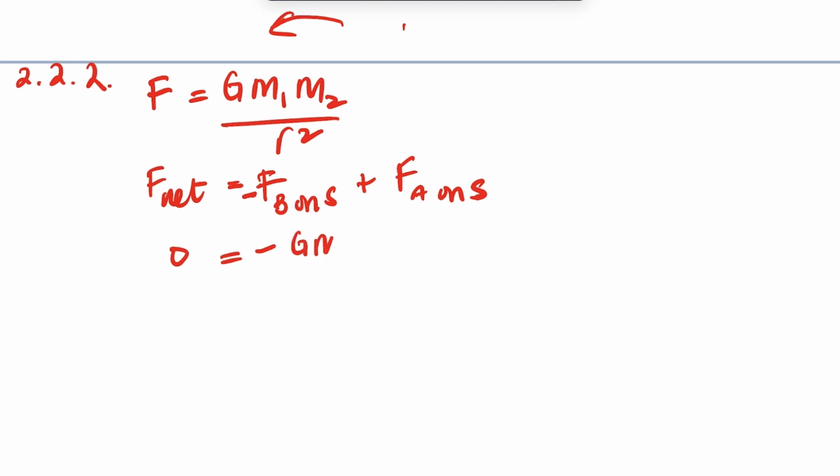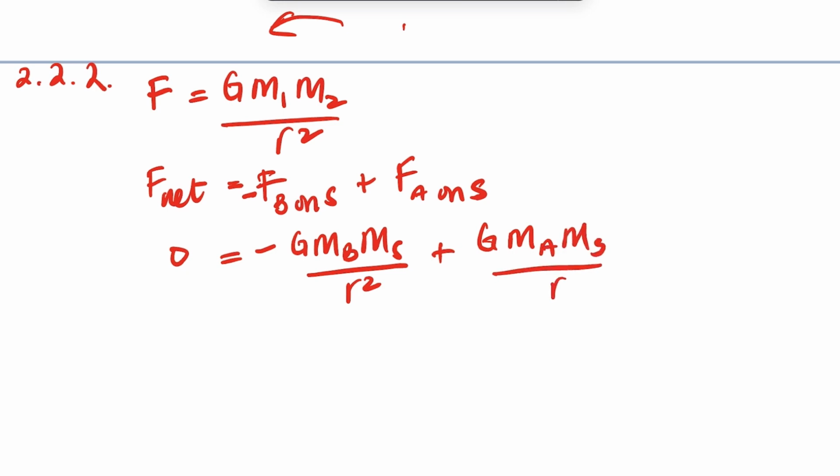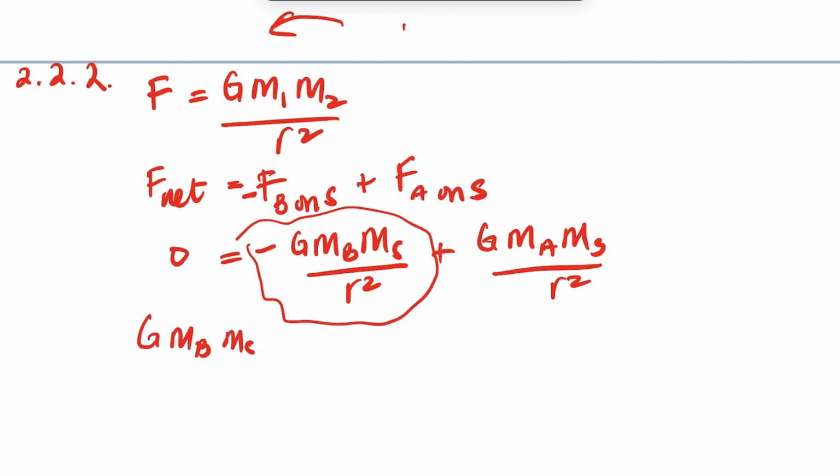You are going to have G mass B times the mass of the spaceship, divided by r squared, plus G mass of planet A multiplied by the mass of the spaceship divided by r squared. Then we take this to this side, so it will be G mass of B multiplied by the mass of the spaceship over r squared equal to G mass of planet A multiplied by the mass of the spaceship divided by r squared.